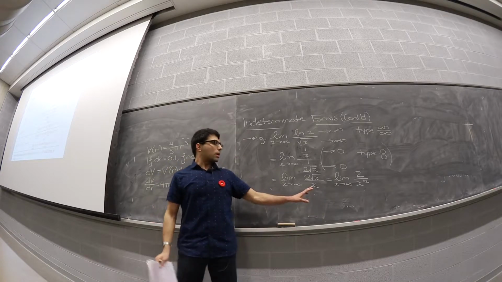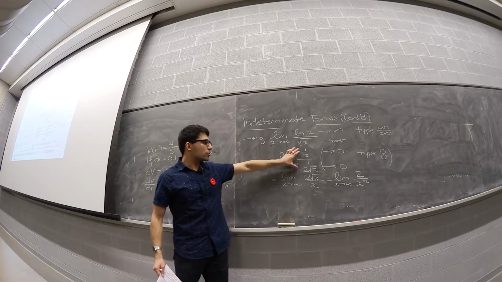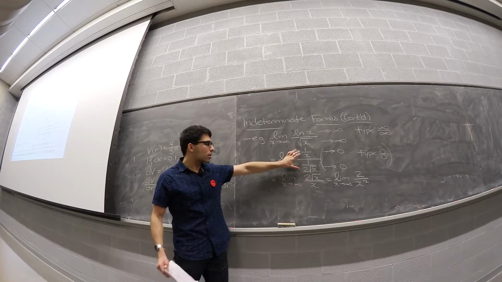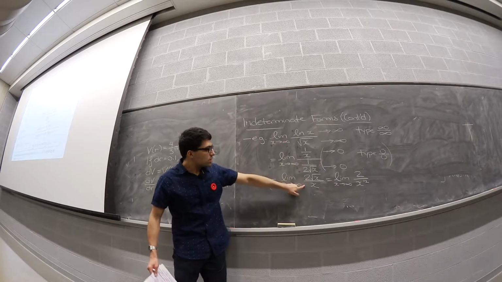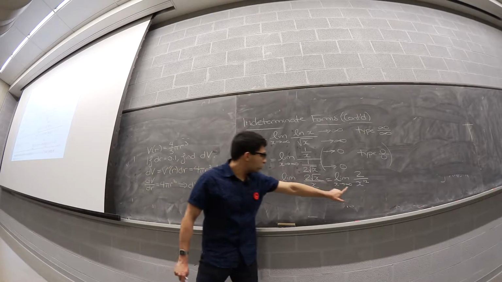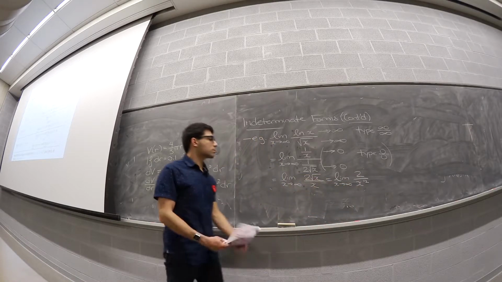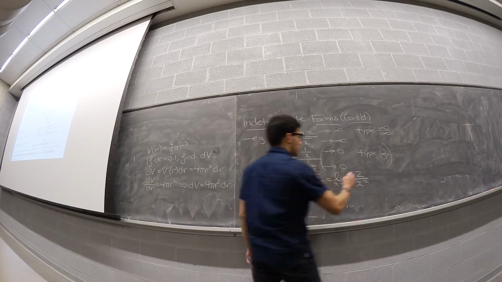Okay. Again, what did I do? I noticed they both go to 0, and it's type 0 over 0, but instead of using L'Hopital's rule, I can kind of end the thing here rather than going on for ages. So I rearrange this thing. If you're confused about that, let me know. Simplify to that. Okay, 2 over the square root of x. And I already know that that's 0.